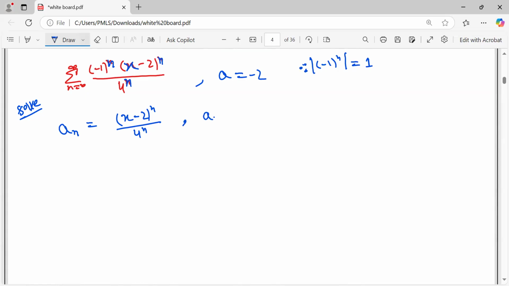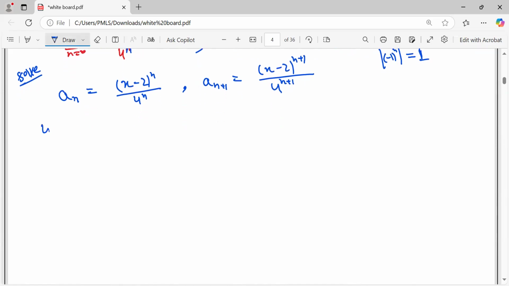And a n plus 1 will be equal to x minus 2 raised to the power n plus 1 divided by 4 raised to the power n plus 1. We need to take the absolute value, and the absolute value of minus 1 raised to the power n, with n a natural number, is always 1. That is why I am ignoring it here.